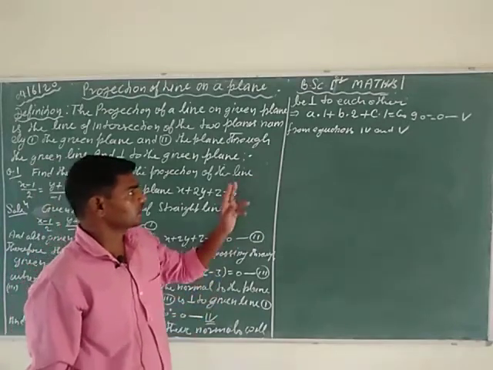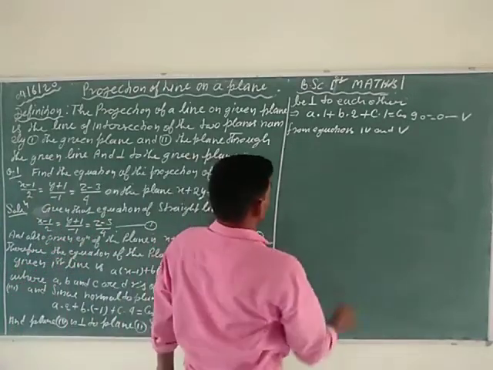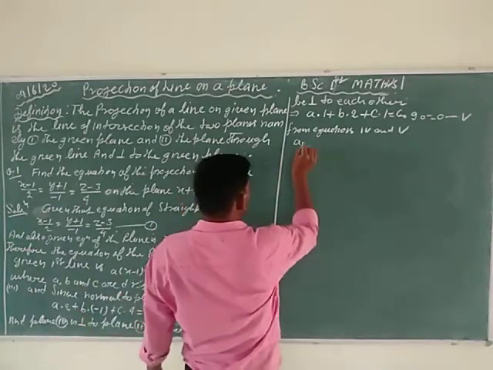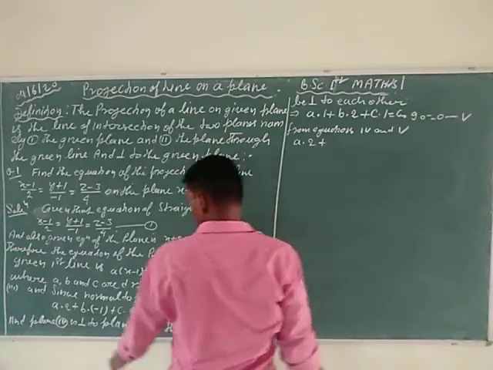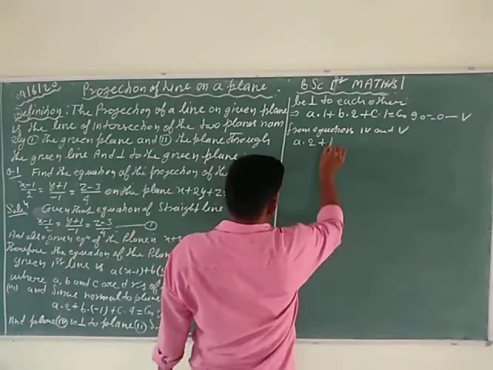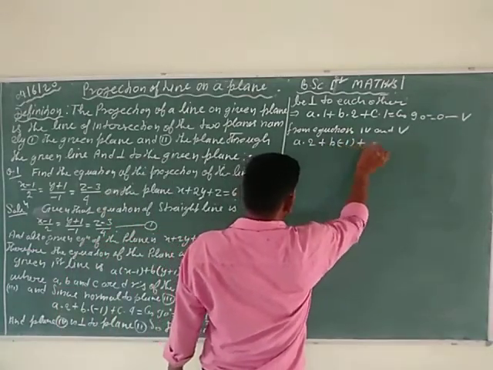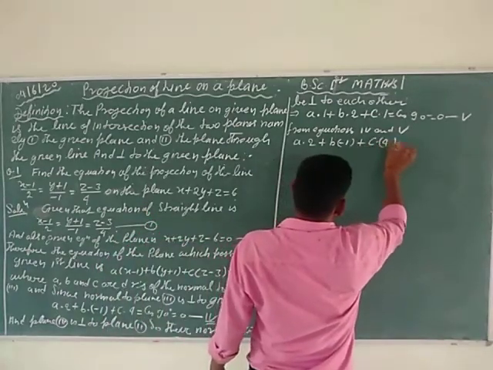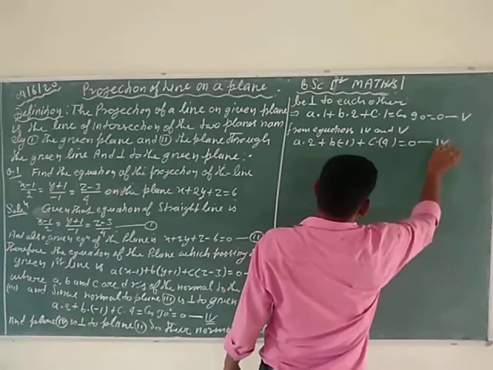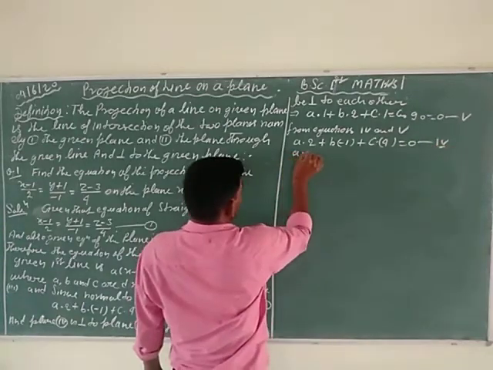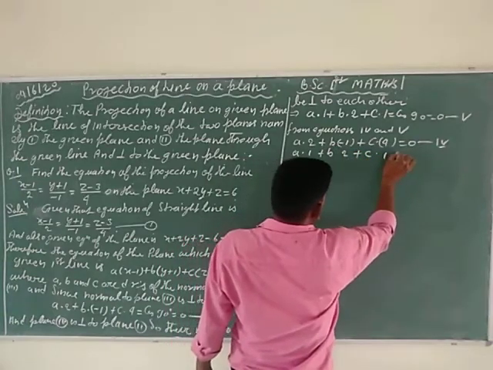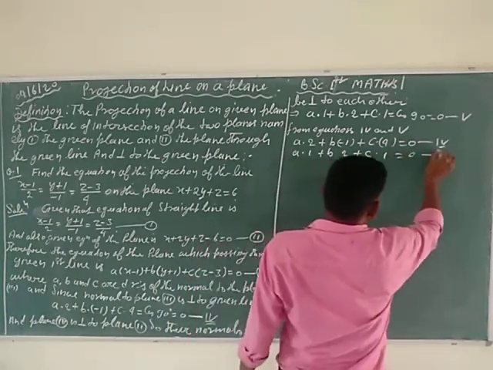Therefore, solving by the cross multiplication rule: 2a minus b plus 4c is equal to 0 is equation 4th, and a plus 2b plus c is equal to 0 is equation 5th.